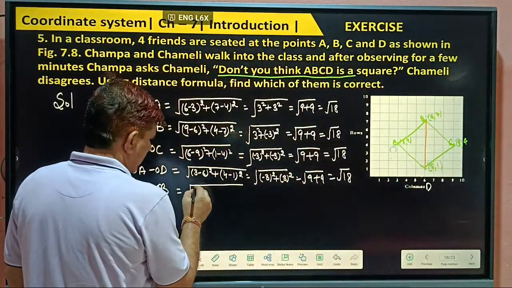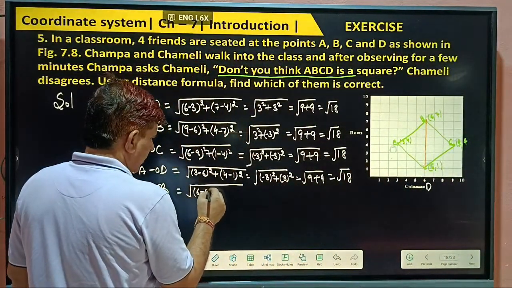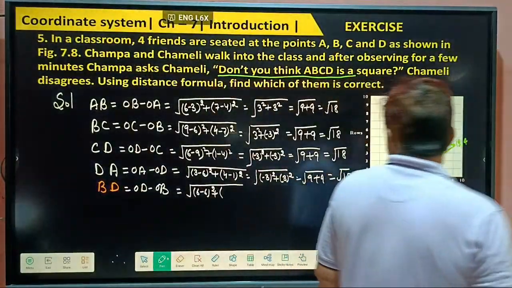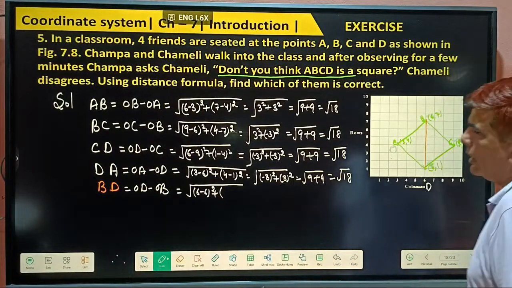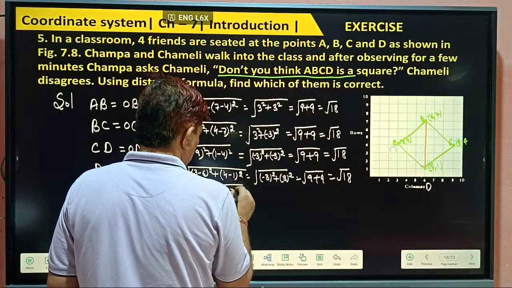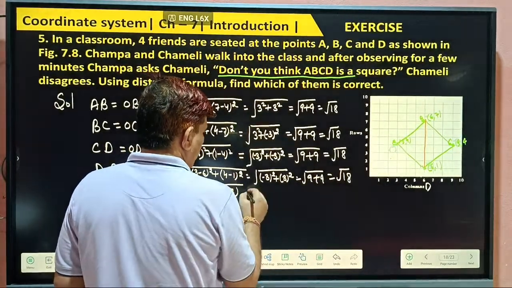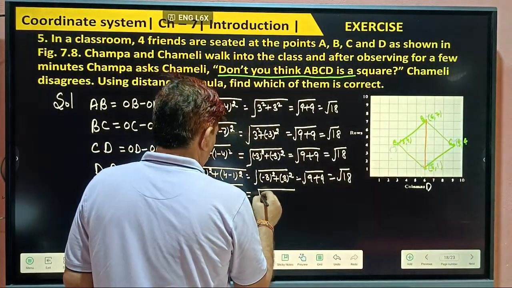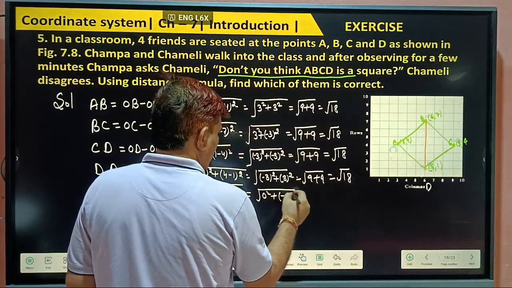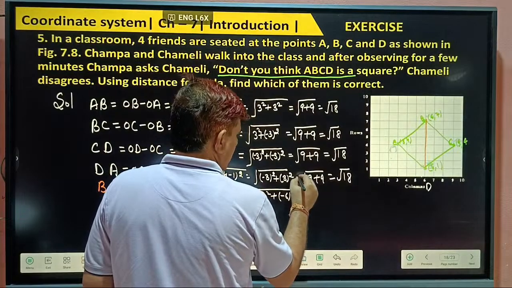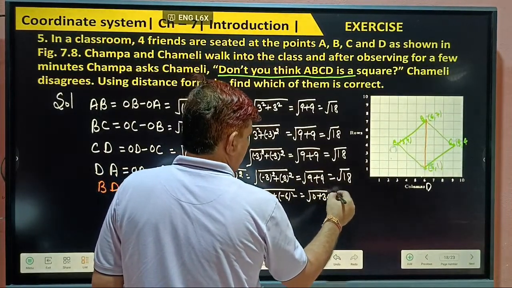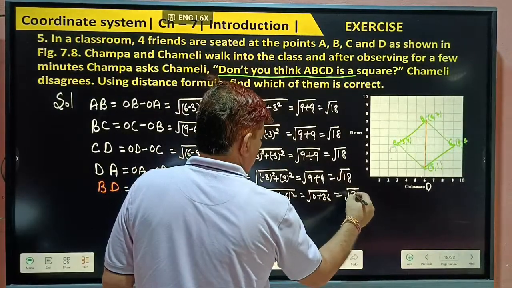So here I can write 6 minus 6 whole square plus 1 minus 7. 1 minus 7 is equal to minus 6, square is equal to what? Is equal to 0 plus 36, is equal to root 36.